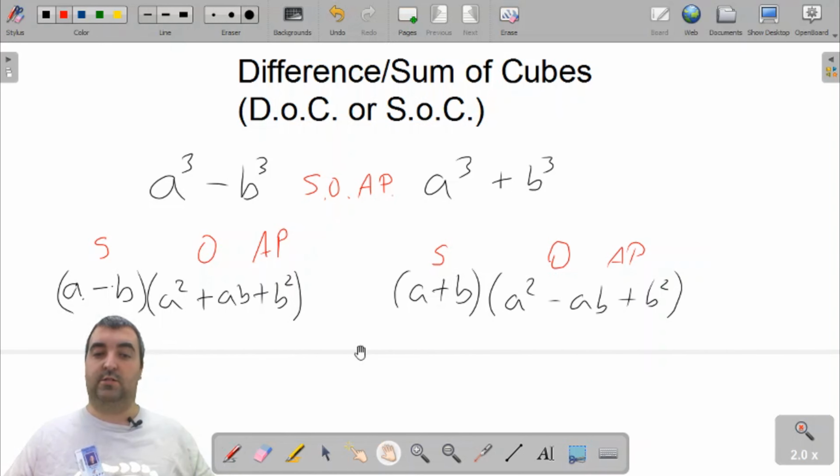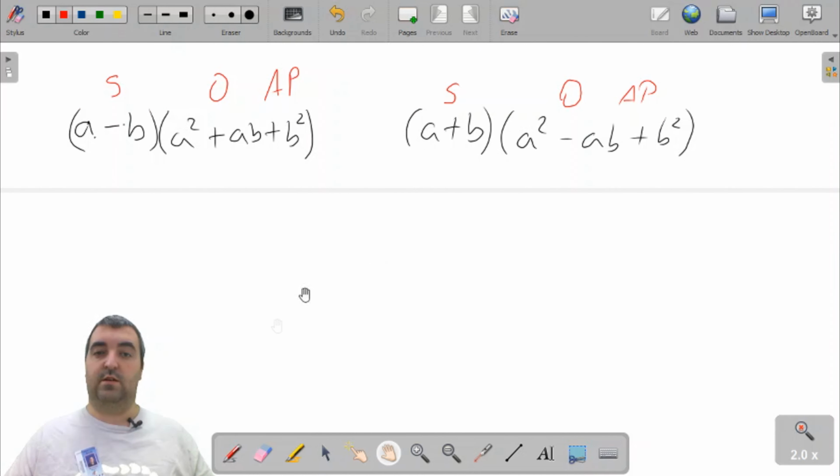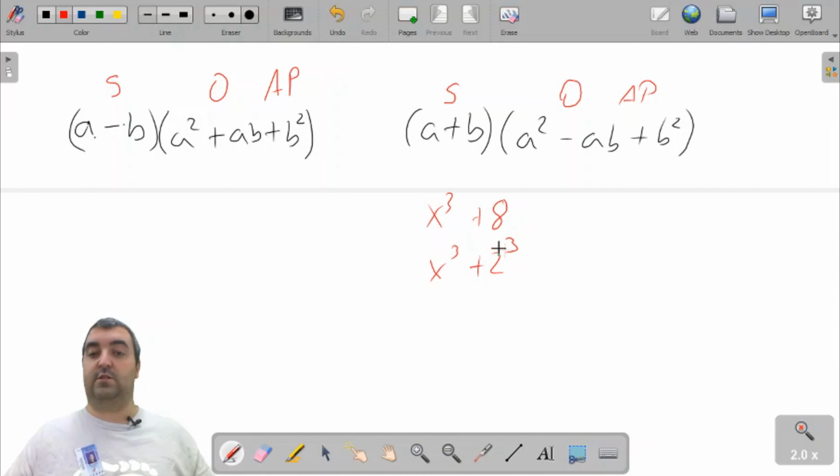Let's do a quick example of this. We'll do one of each. We'll start with x cubed plus 8. Hopefully we can see that x cubed is definitely a perfect cube. 8 is a perfect cube because I could rewrite this as 2 cubed. Because I can write it as 2 cubed, it's a sum of cubes.